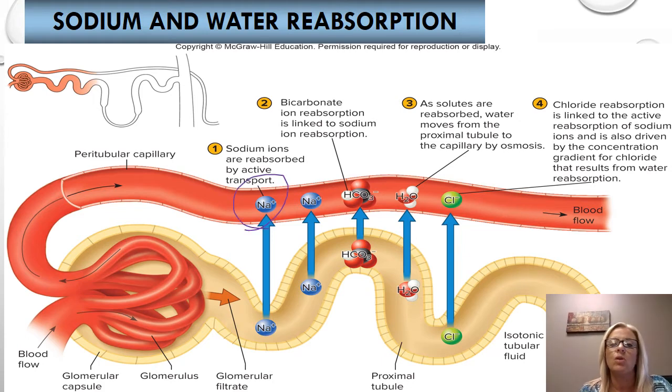All right, and so water's going to follow via osmosis, resulting in an isotonic filtrate. Iso means the same, so a similar filtrate inside and out. All right, and so you can see sodium is going in here, and then here's water also going in. So small changes in the tubular reabsorption of sodium and water can actually result in large changes in the urinary excretion of these particular things.